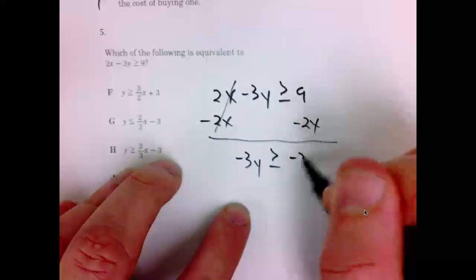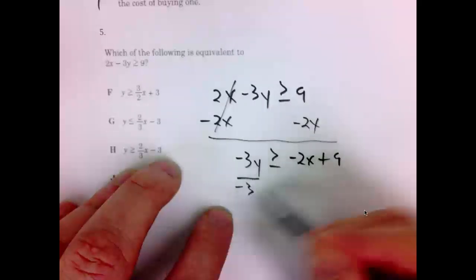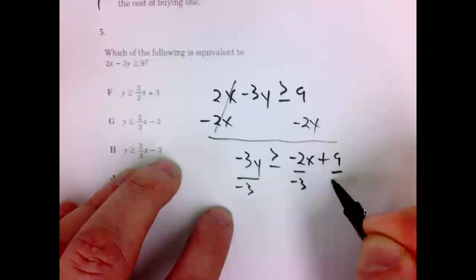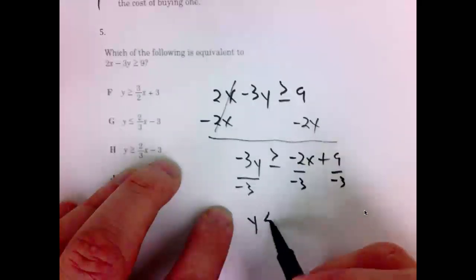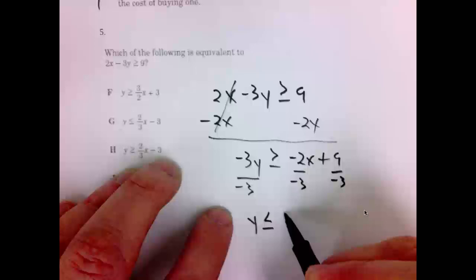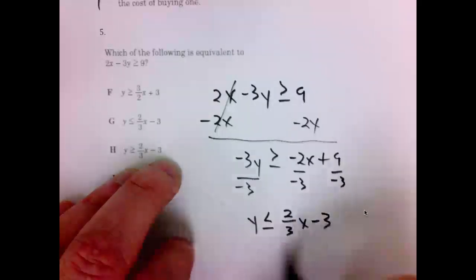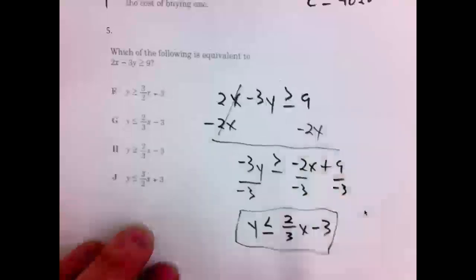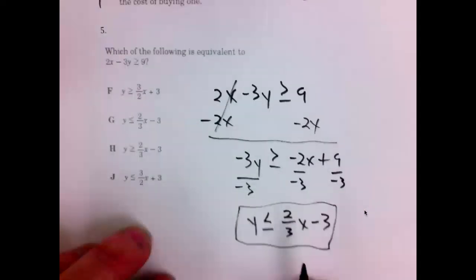I leave it as negative 2x plus 9. Lastly, we divide by the coefficient negative 3. When we divide by a negative, we change the direction of the inequality. Negative divided by negative is a positive 2/3 x. 9 divided by negative 3 is a minus 3. And that answer appears to be G. 5 is G.